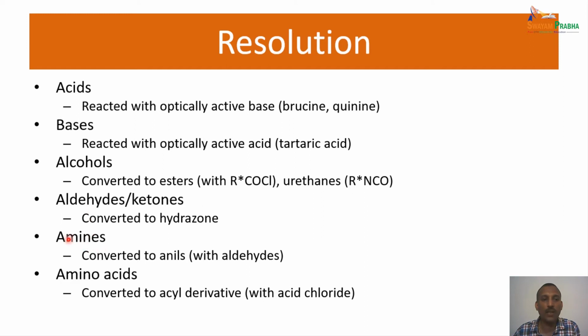And if it is amines, we can convert them into imines by treatment with chiral aldehydes. And if it is an amino acid, we can convert it into acyl derivatives with acid chlorides. So these starting materials can be converted to various diastereomers by treatment with an optically active reagent. So this is what is called resolution of enantiomers.